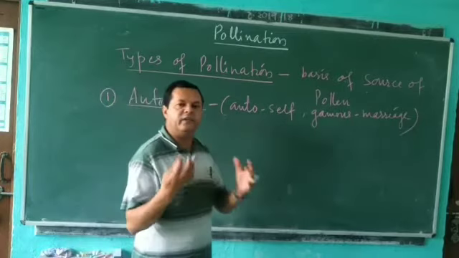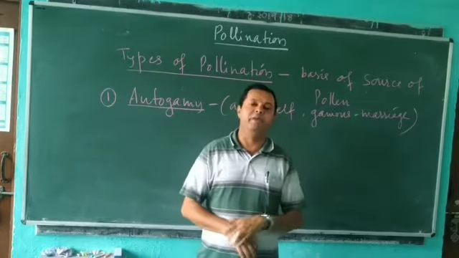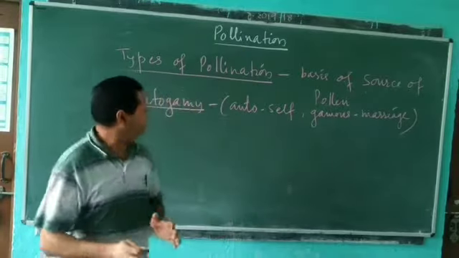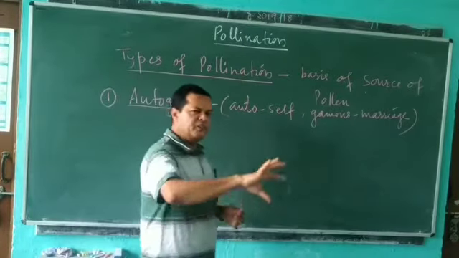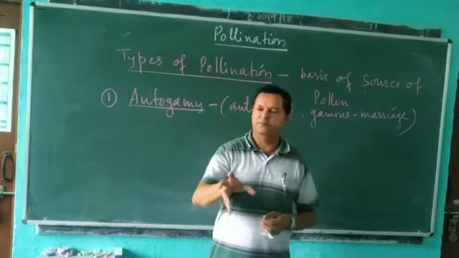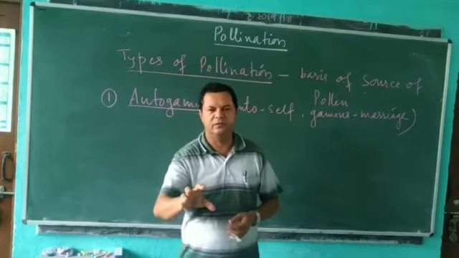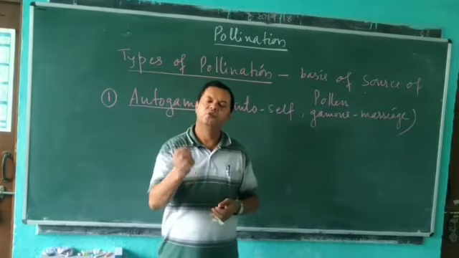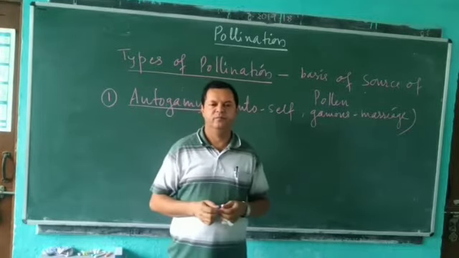There are certain conditions for autogamy. The maturity of the pollen grains, the release of the pollen grains, and the receptivity of the stigma should synchronize.